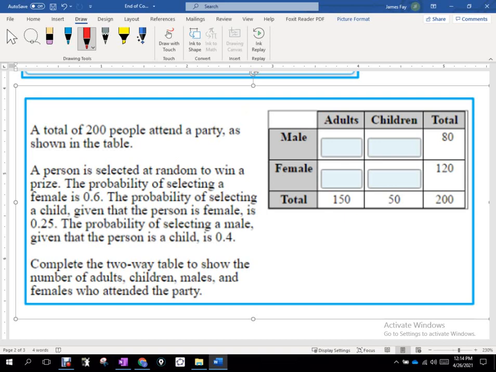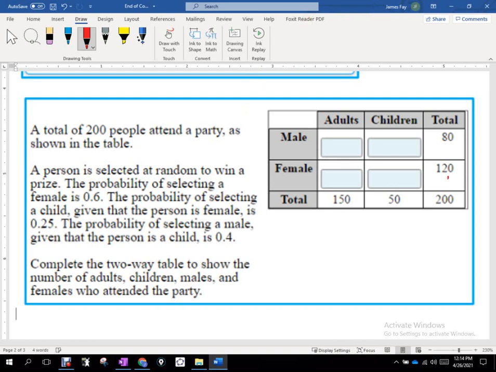If I look at the probability of selecting a female, out of how many people are there, that's 12 out of 200, right? Or sorry, 12 out of 20 if I cancel the zeros. And then doesn't 12 out of 20 change to 60%? That makes sense?